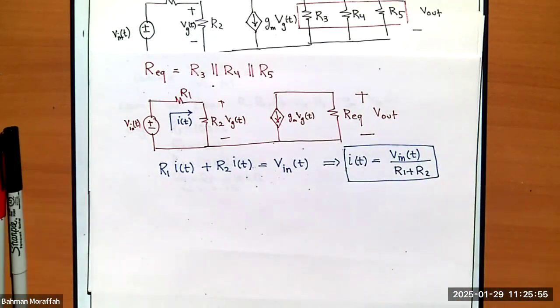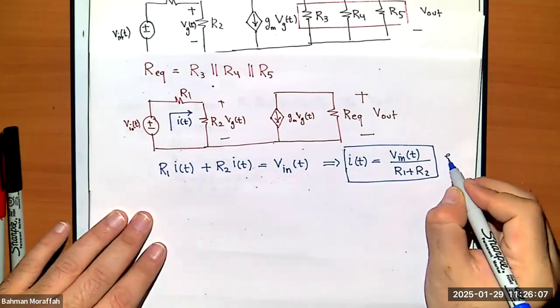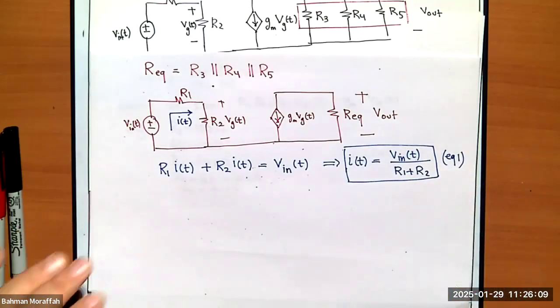Again, there was a simpler way of doing it. R1 and R2 are in series. Voltage across it is Vin, you have Ohm's law. But I wrote KVL. Let's call this equation 1.